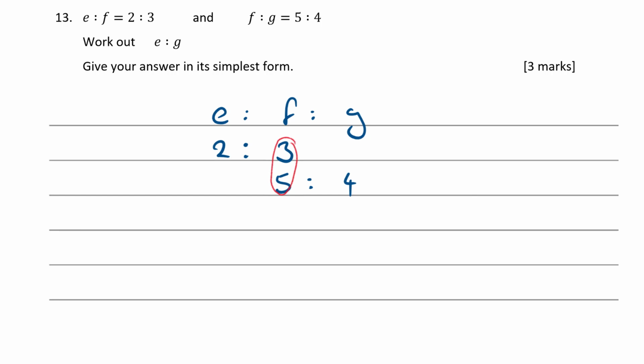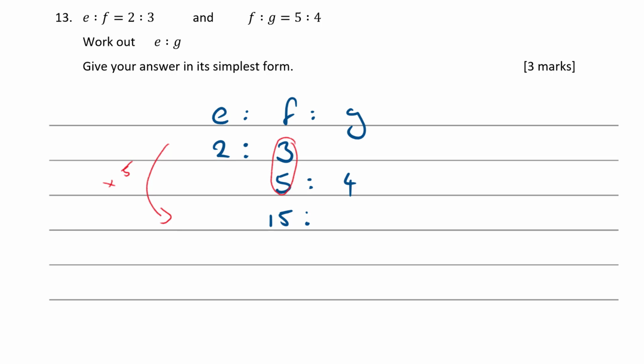Well, yes we can. It's 15. So if I can make my F term in the middle 15, then I would be taking this first ratio of 2 to 3 and scaling it up using a factor of 5. So 2 to 3 goes to 10 to 15, doesn't it?